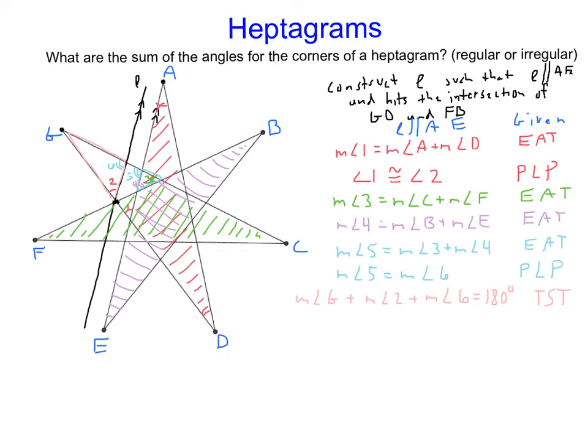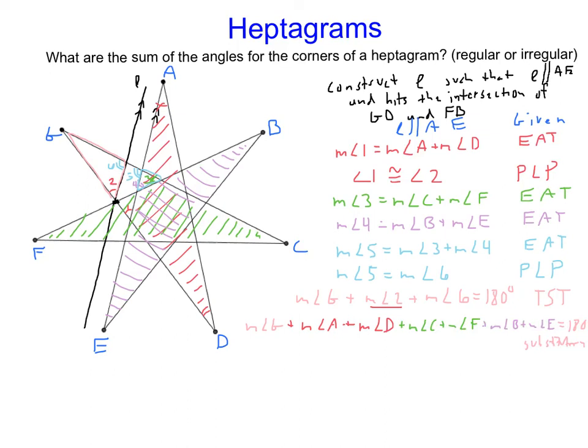And now it's going to be a matter of substitution. We got G there, so here we got 2. And we know that 2 was congruent to 1, which was congruent to A plus D. So that was 2, and now we have 6, and 6 was congruent to 5, and 5 was congruent to 3 plus 4, and 3 was C and F, and 4 was B and E. So there's a whole lot of substitution here.